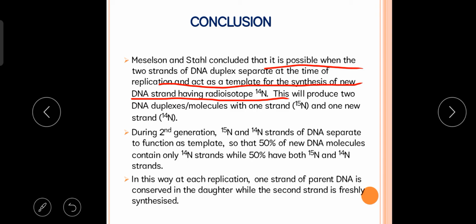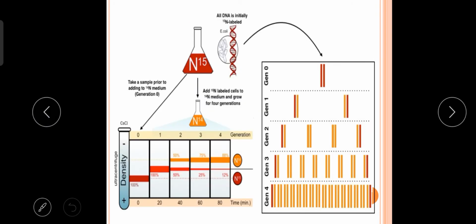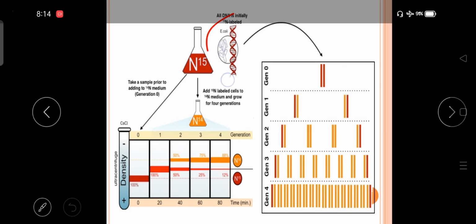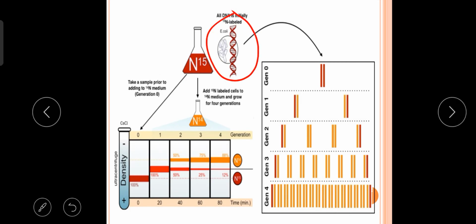That means from this experiment they concluded that when the parent DNA separates, and here in this experiment the parent DNA is this one, which was labeled by 15N, during replication, when the parent DNA separates, then both separated DNA strands must serve as template strands for the synthesis of new DNA strands.